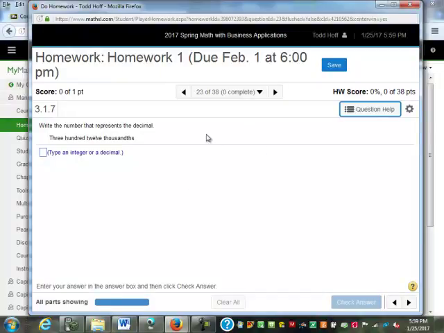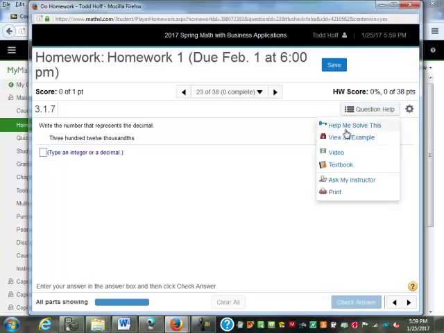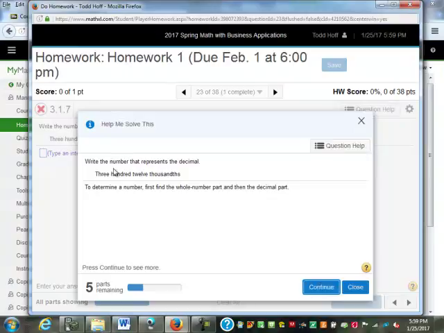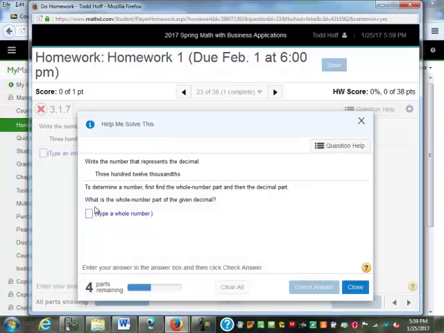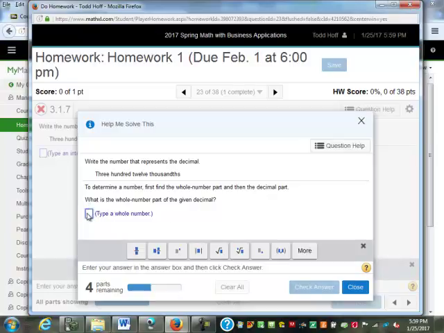If you're still stumped and don't know how to solve this, well, you can go up here and say, help me solve this. What that does is it takes you through this question, step by step. Now this is going to make you work for it a little bit more. Instead of just giving you the steps, it's going to ask you a step-by-step question. You're going to have to put it in here. What is the whole number part of that?